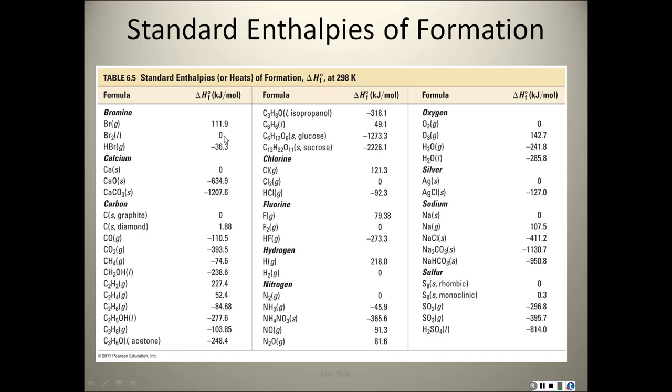So the heat of formation for that is 0. Regular calcium, solid calcium, that's its elemental state, 0. But the calcium oxide has a heat of formation of negative 634.9. So to form that, it's an exothermic reaction, okay? Silver all by itself, it's an element. Heat of formation 0. Silver chloride, negative 127. Okay.